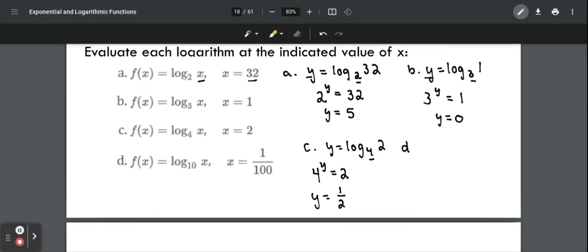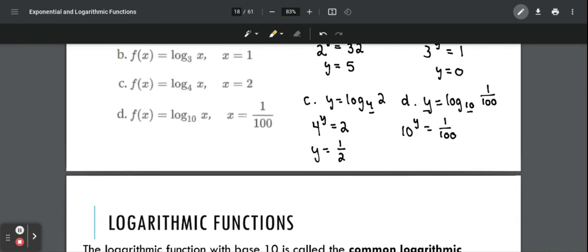And then for d, when we have y equals the log base 10 of 1/100th. So if we put it into exponential form, 10 to the y equals 1/100th. One little trick here is that when you have a fraction, it might make sense to rewrite this. So instead of saying 1/100th, we could say 100 to the negative 1.